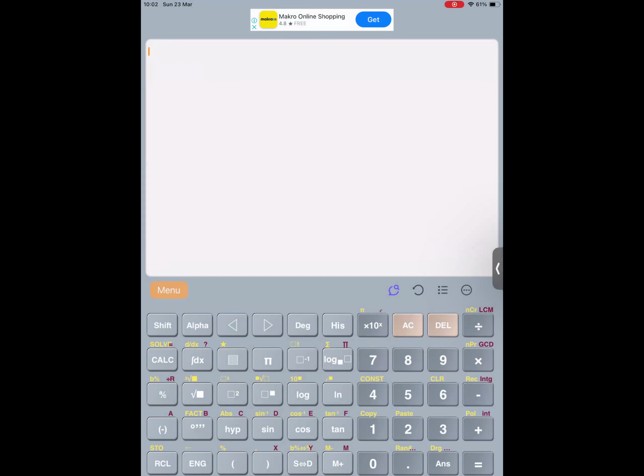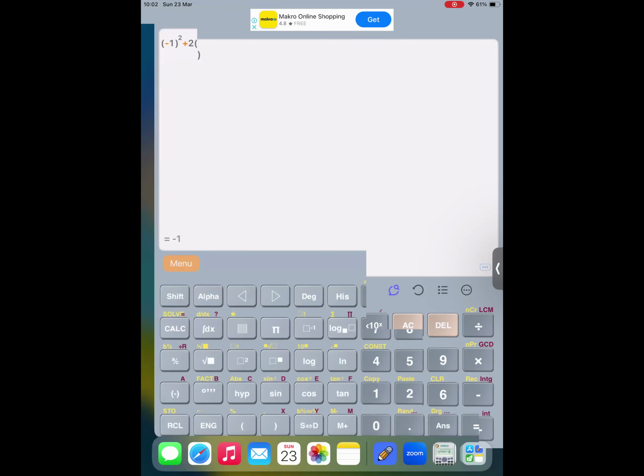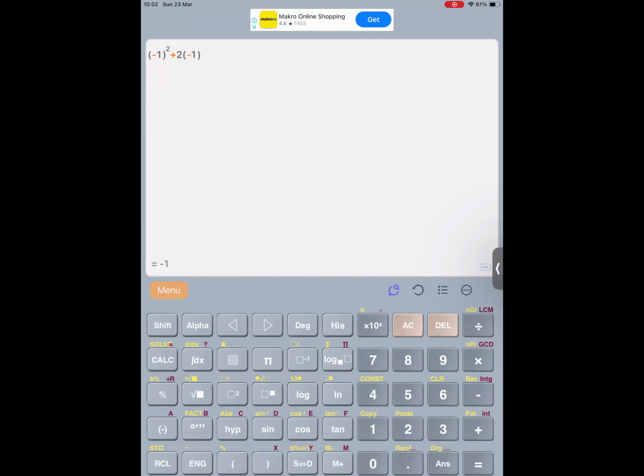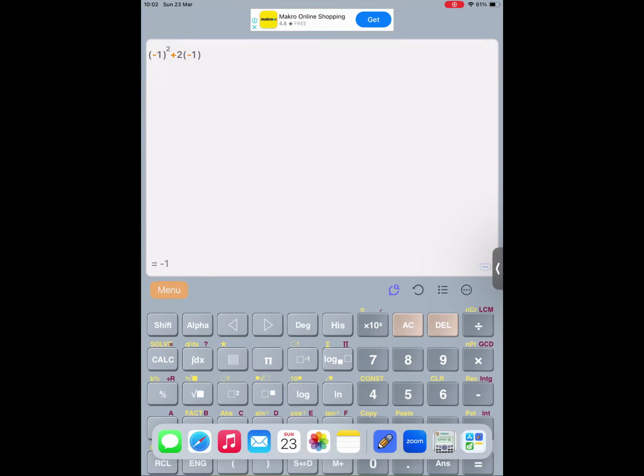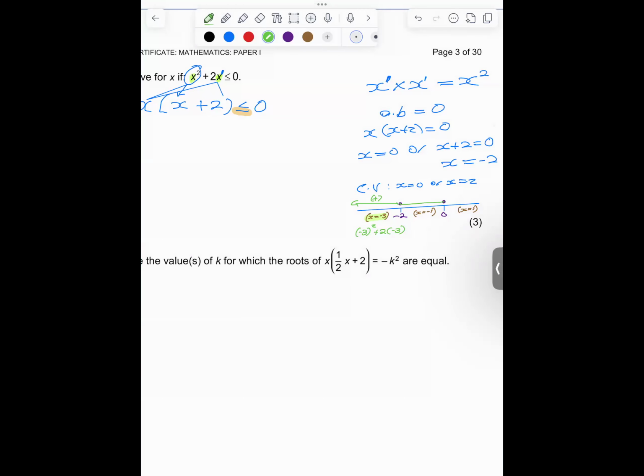So wherever there's x, you will substitute -1. So when I substitute -1 into the equation, I get -1. We don't care about the value, we care about the sign of that value, which is negative.